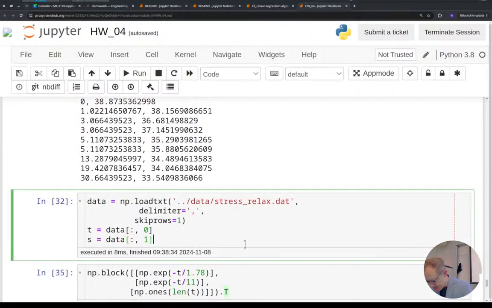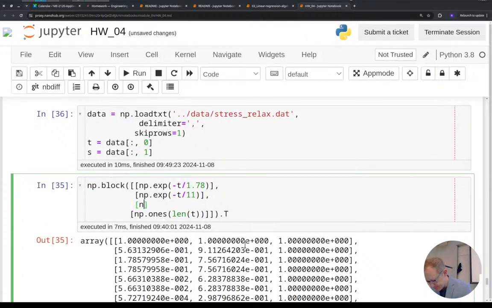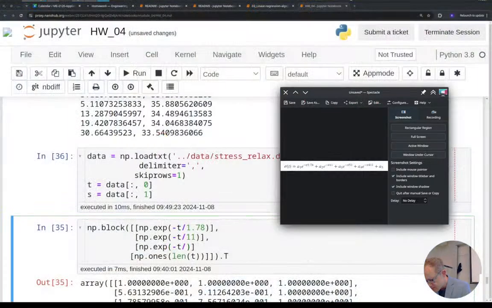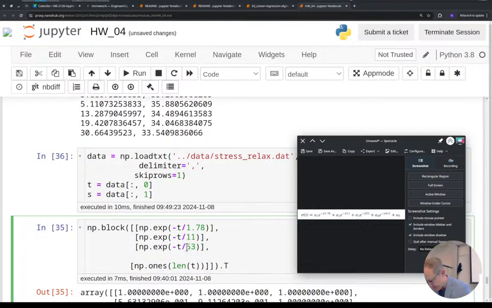So we have our data. We are creating this Z matrix. I guess I have to write out the next ones. T over 53, NP exp of negative T over 411.